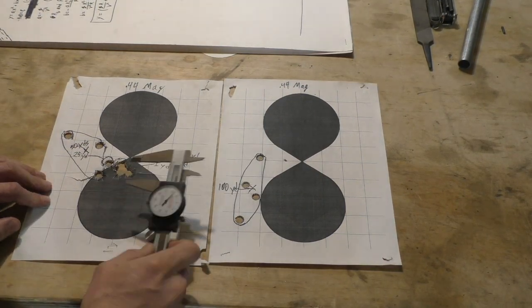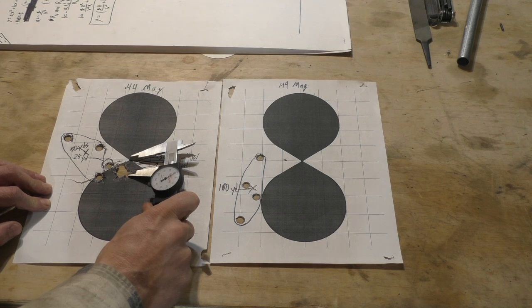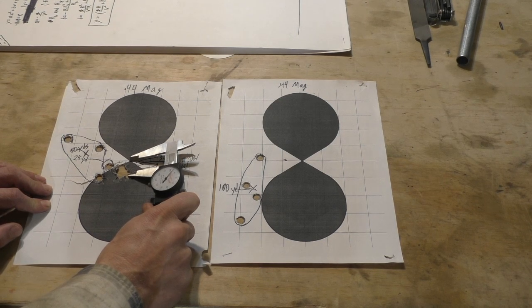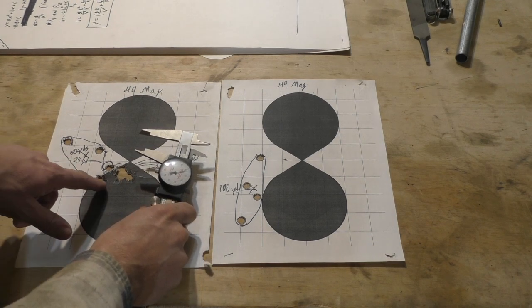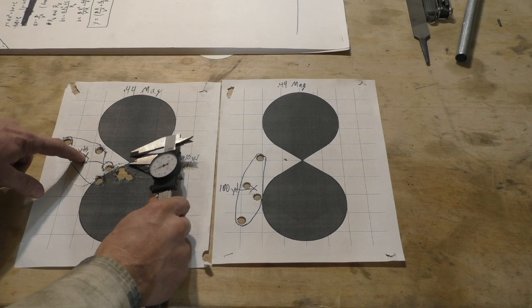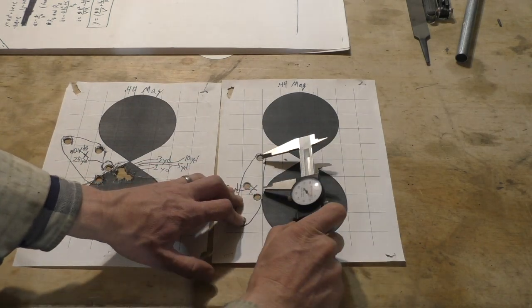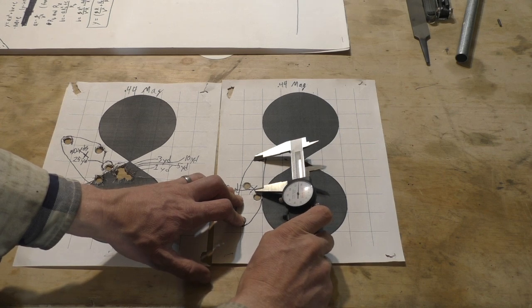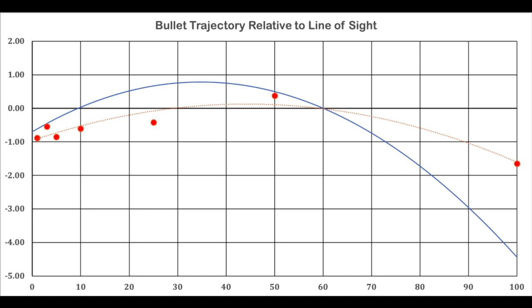And then we can see that here at 1 yard, we're like about 0.8 inches low, and then that walks up to being just slightly high, about maybe 3/8 of an inch high at 50, and then by the time we get out to 100, now we're back down to about 1 5/8 inches low.